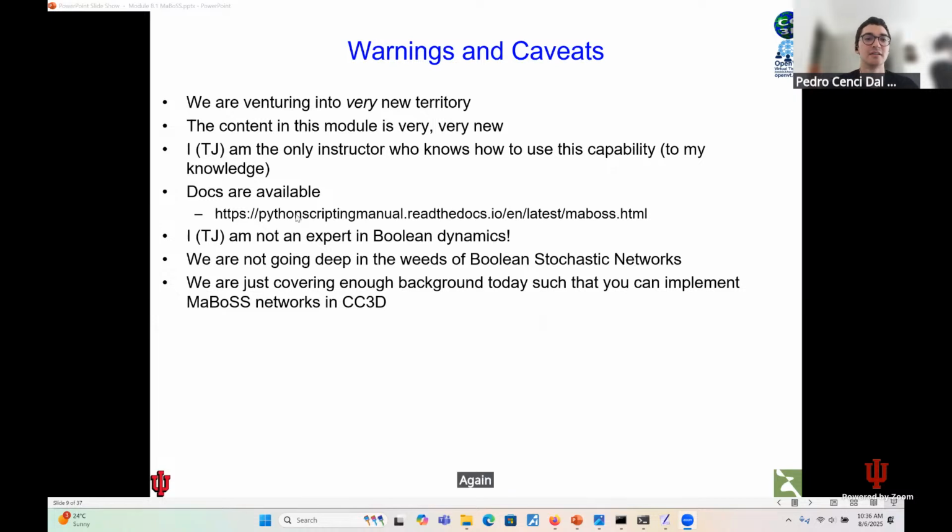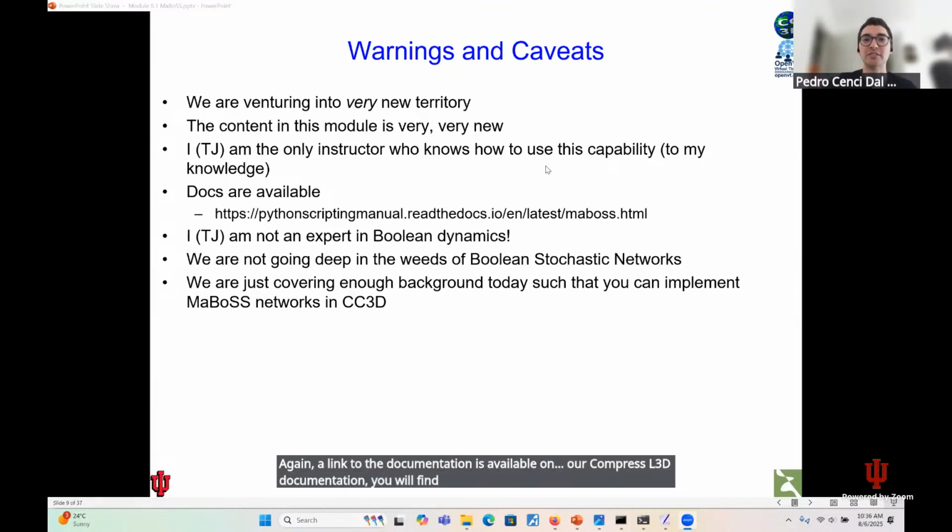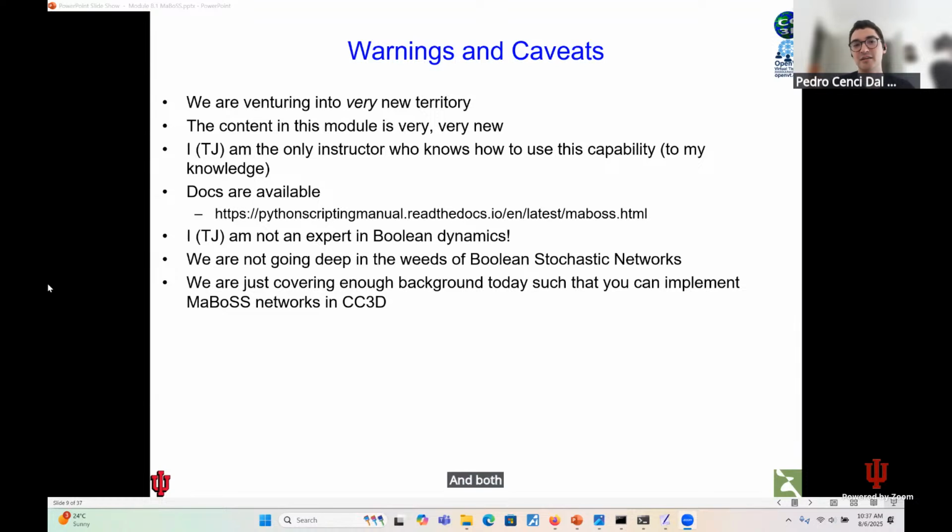Again, a link to the documentation is available on our CompuCell3D documentation. You will find all the information you need to incorporate MaBoSS into your simulation. And both TJ and I are not experts in Boolean dynamics.